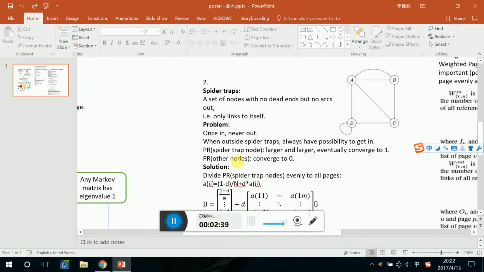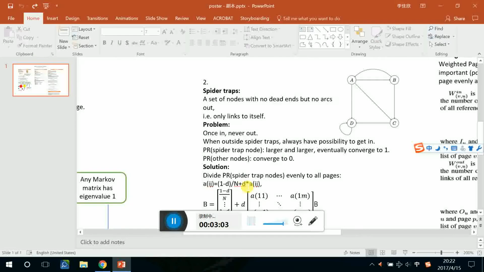How do we solve that? The idea is very simple. We just divide the PageRank of spider trap nodes evenly to all pages with a residual probability, usually set to D equals 0.85.